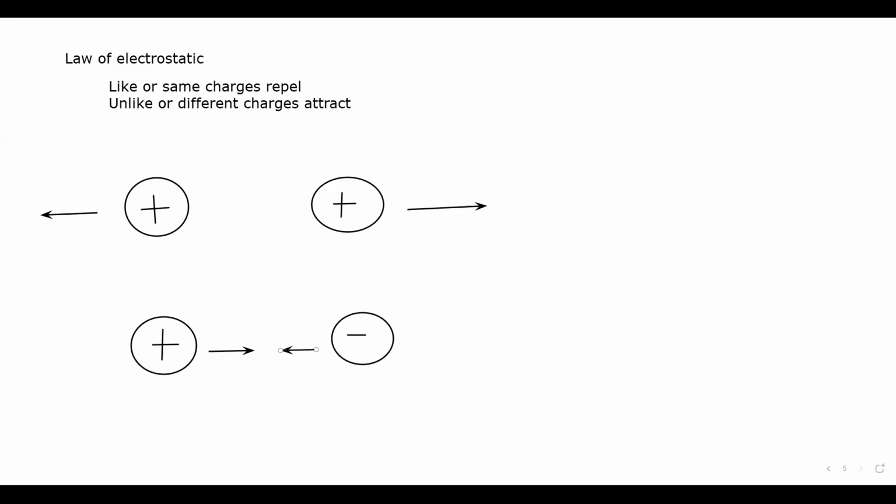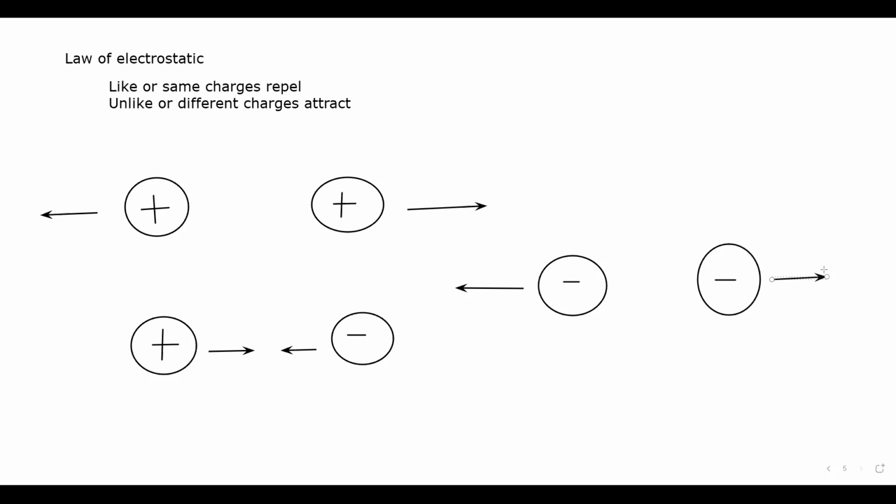And if we have two negative charges, two identical or negative charges, they will also repel each other, pushing each other away. So this is known as the law of electrostatics: if two same charges are there, they will repel, and if two opposite charges are there, they attract. When something is a law, it means practically in all the scenarios, all the cases, it is valid.